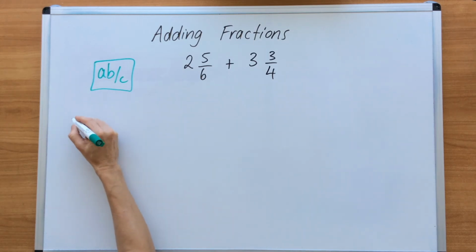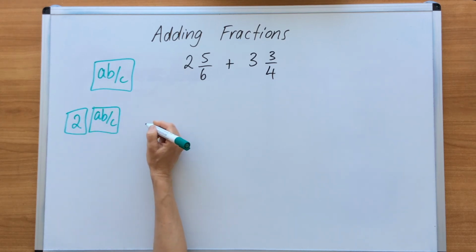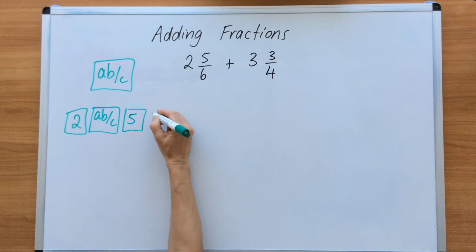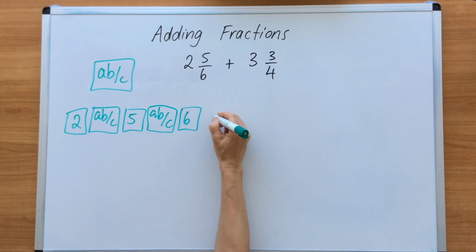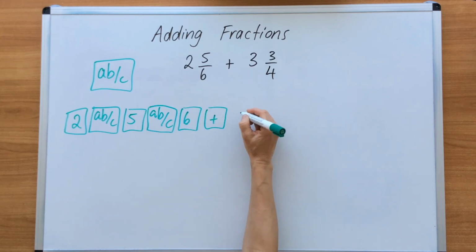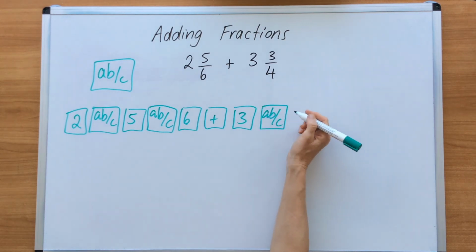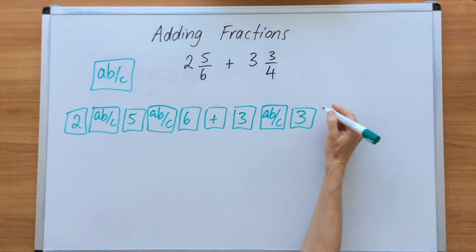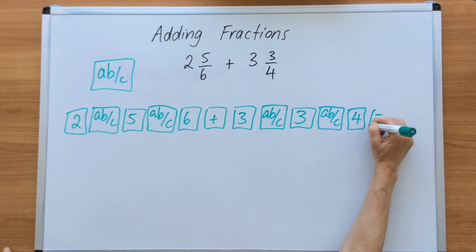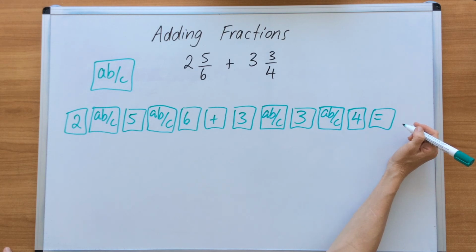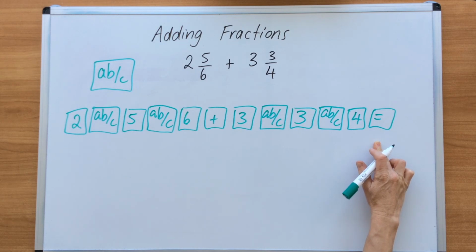So this is how I would do it. 2, ABC fraction button, 5, ABC fraction button, 6, plus 3, ABC fraction button, 3, ABC fraction button, 4, and equals. And it will give you the correct answer. Okay? So this is really, really important to know. And it will give you the answer that we just achieved before.